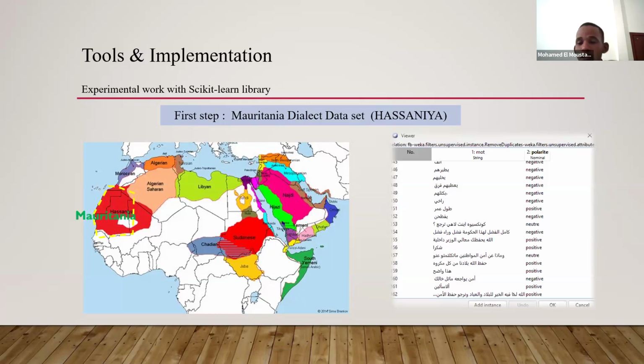For that reason, we aim to classify text in this dialect, which can be used for governance and enhance its efficacy.